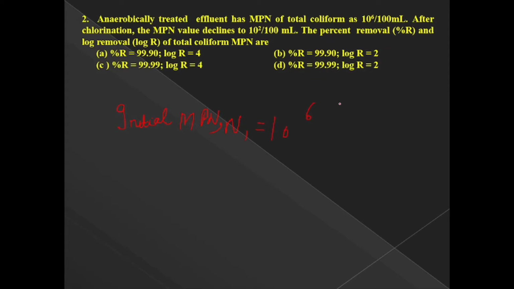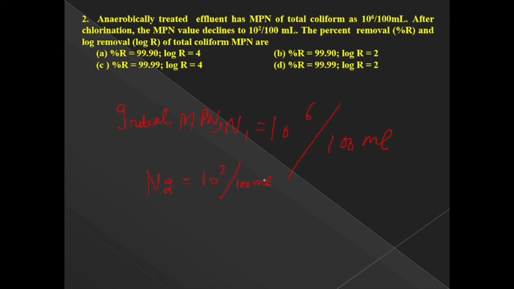The initial MPN, N1, is 10 to the power 6 per 100 ml. After chlorination, the MPN value declines to 10 to the power 2 per 100 ml. So N2 is equal to 10 to the power 2 per 100 ml.